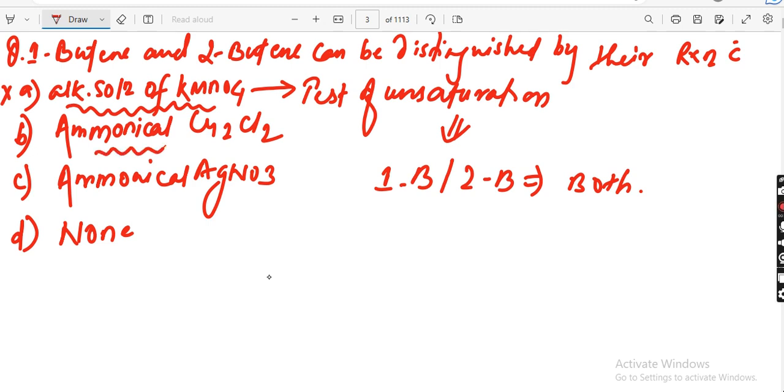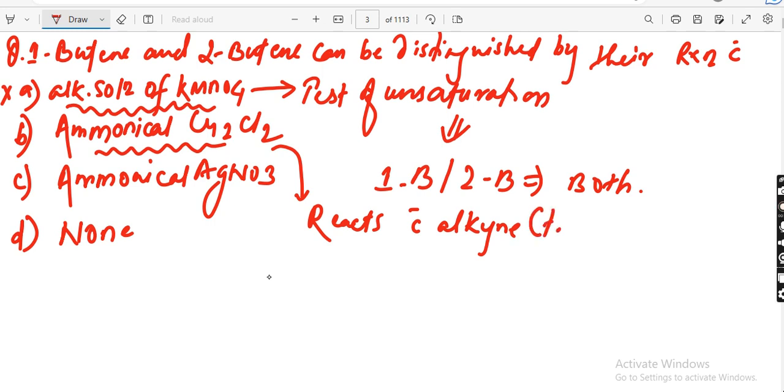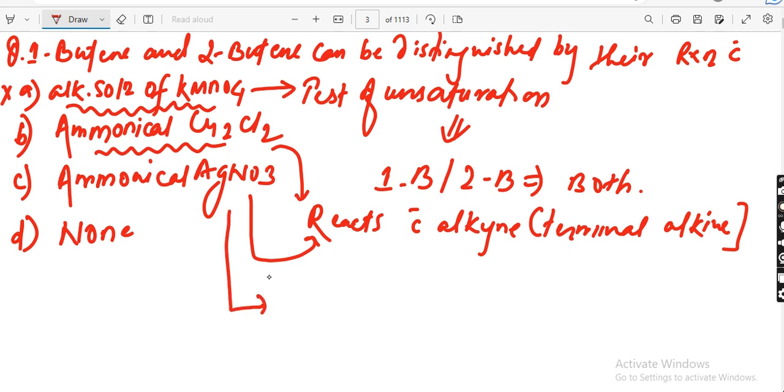Now ammoniacal Cu2Cl2 reacts with terminal alkyne only, to form acetylide. This is also the same, to form acetylide. These two do not react with alkenes. So option D is the correct answer.